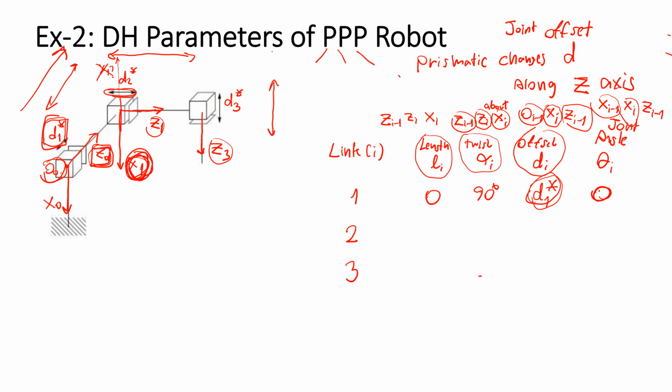But if you select x0 in another direction, this value will not be 0. How about link 2? The link length of link 2 is the distance between C1 and C2.